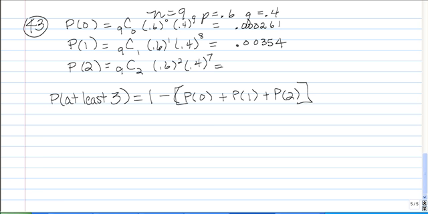Combinations of 9 taken 2 at a time, I get 36 times 0.6 squared times 0.4 raised to the 7th. And I'm getting 0.02123.